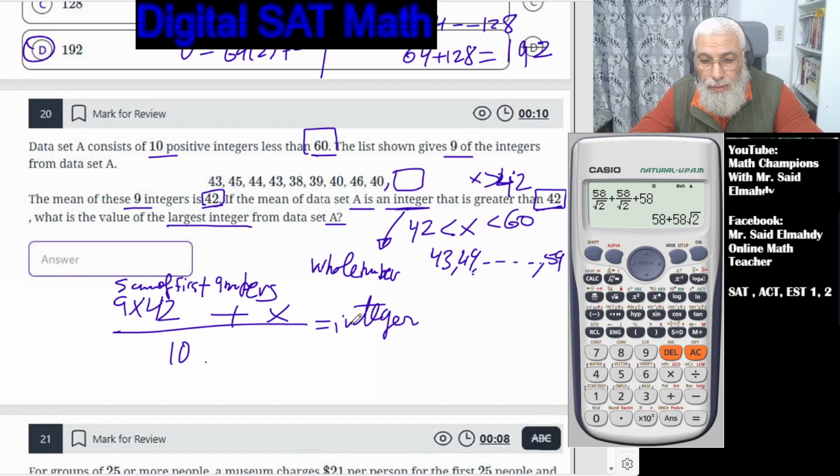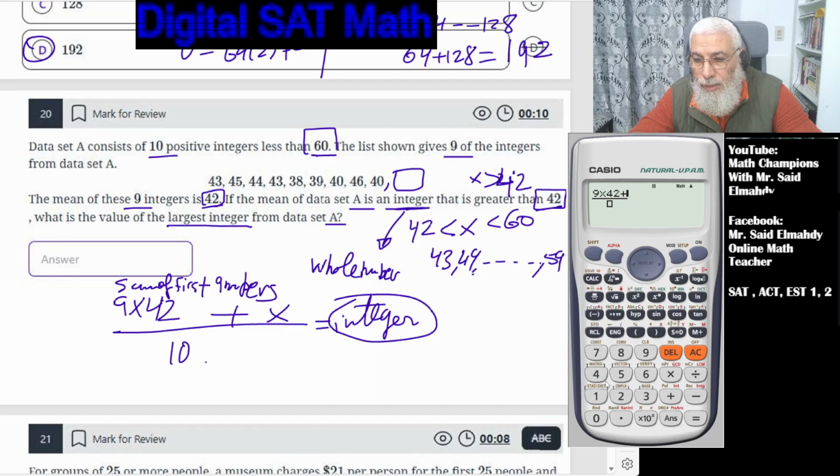So we can write in the calculator 9 multiplied by 42 plus a number, let's say 43, divided by 10. We need the largest, so we start from 59, divided by 10. This should be an integer. This is not an integer, it is 43.7.